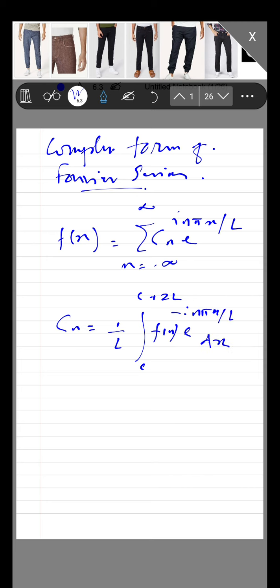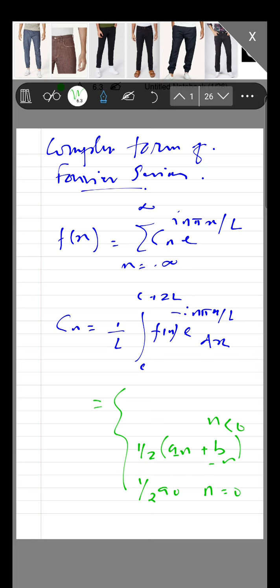And it will be equal to 1 by 2 a0 where n is equal to 0, it will be equal to 1 by 2 (a minus n plus i b minus n) where n is less than 0, and it will be equal to 1 by 2 (an minus i bn) where n is greater than 0. So this is another form of writing the Fourier series.